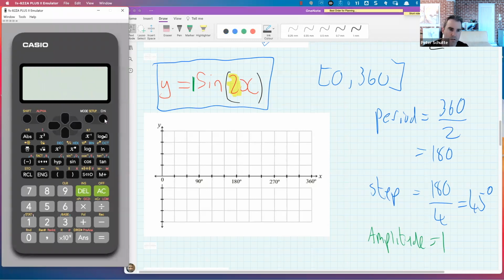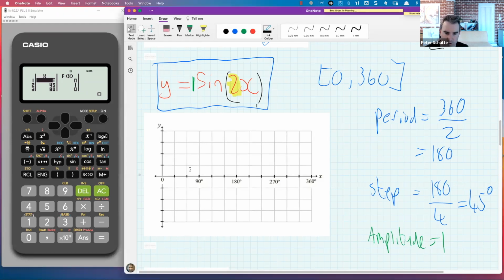Let me go back and do this. Mode. Oh, don't have to do that, but sine 2x. The step size is 45. So, okay, my 45 is going to be here.